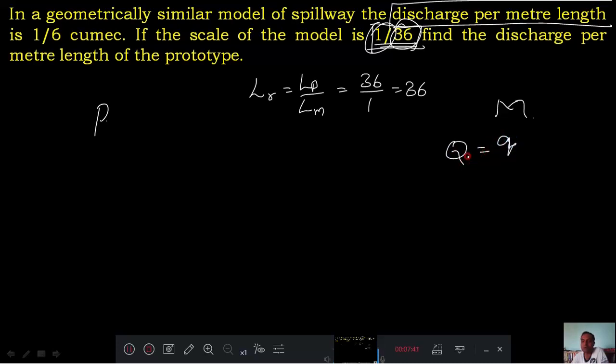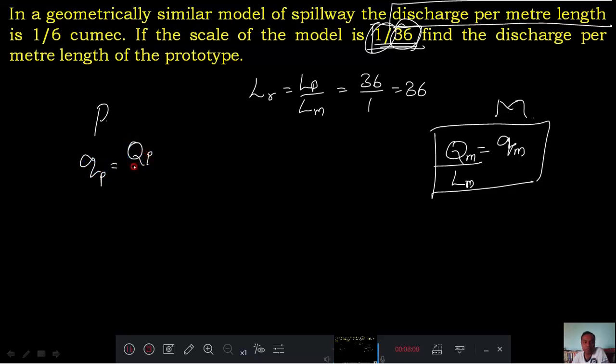Small q means discharge per meter length, that I will consider length L. Therefore for the model qm equal to capital Qm by Lm, and the same thing for the prototype, qp equal to capital Qp divided by Lp.